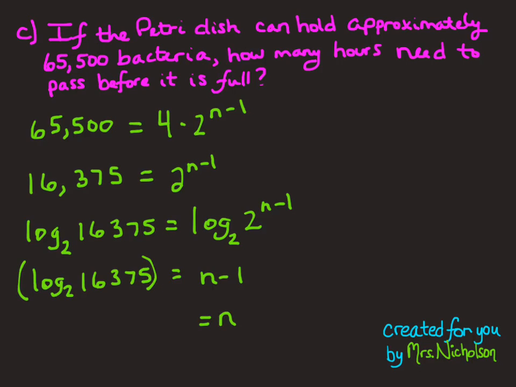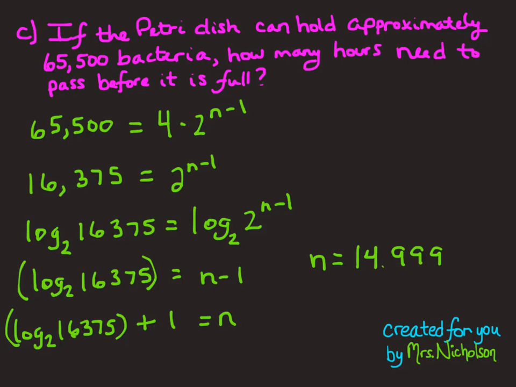This log base 2 of 16,375 is a term all to itself: log base 2 of 16,375, plus 1 on the outside. If you put that in your calculator, I get n is equal to 14.999, virtually 15 hours that it would take for the petri dish to be full.